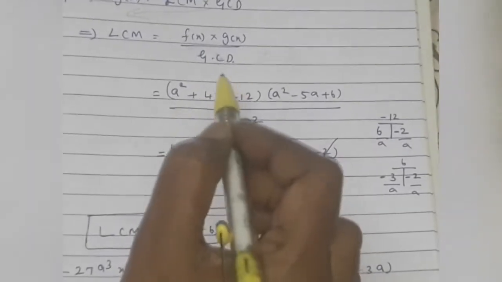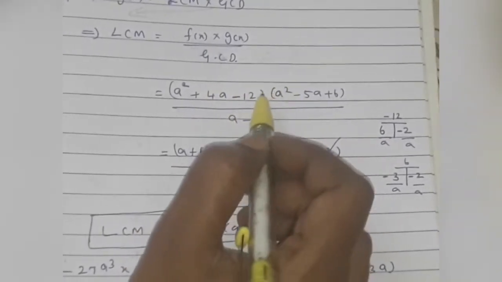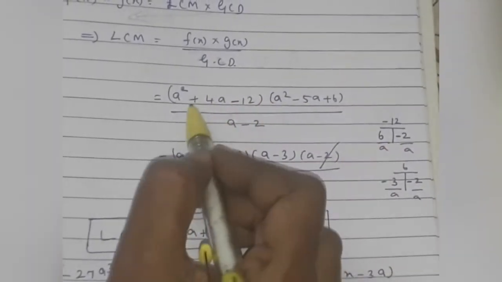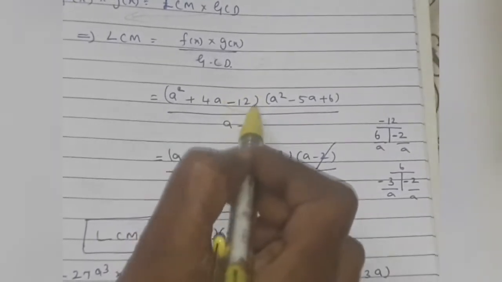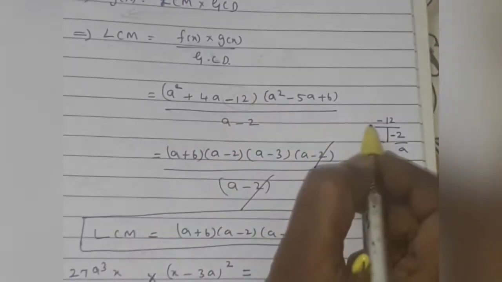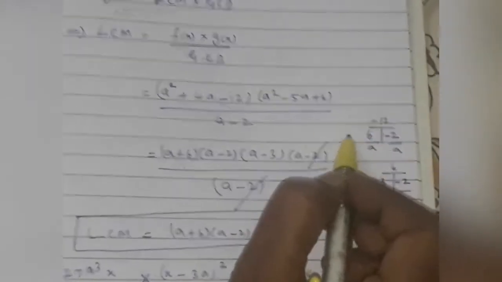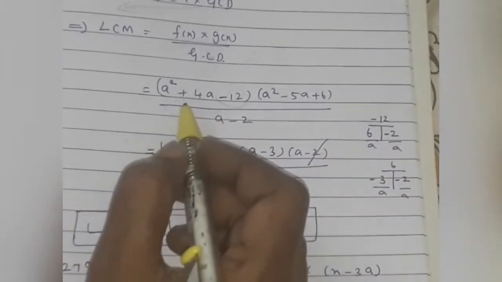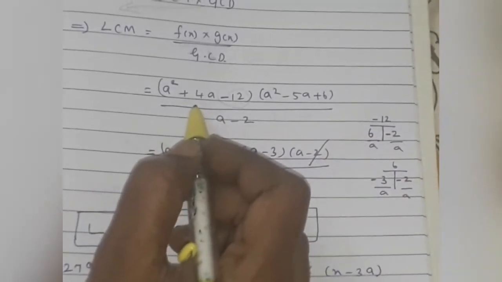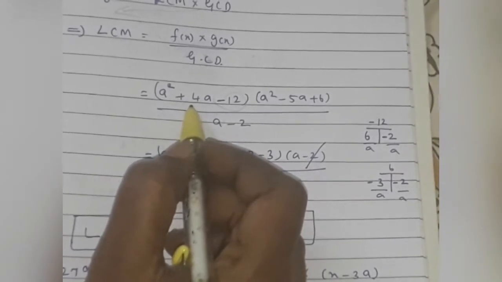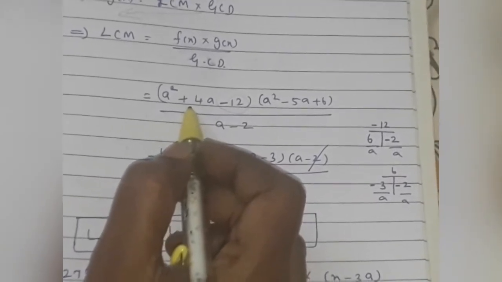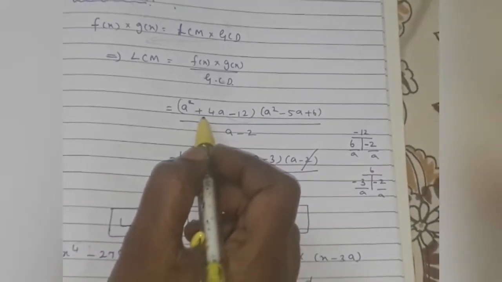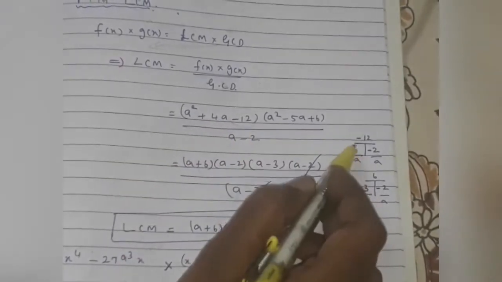So these two can be factorized like this. As you might have studied in your 9th standard, a quadratic polynomial can be factorized in this way, by the T method.